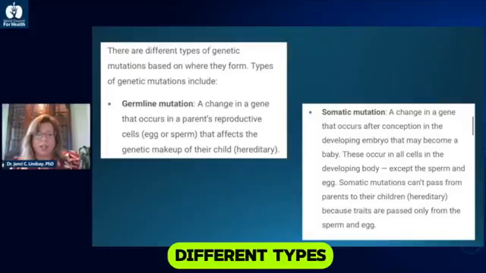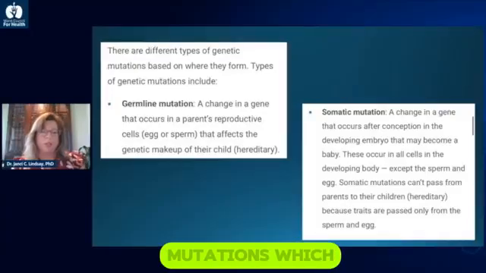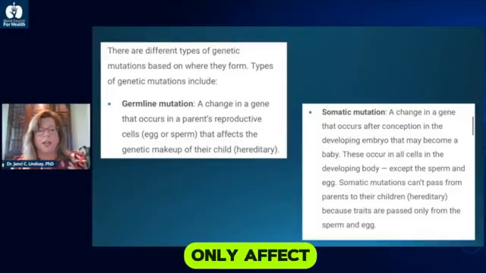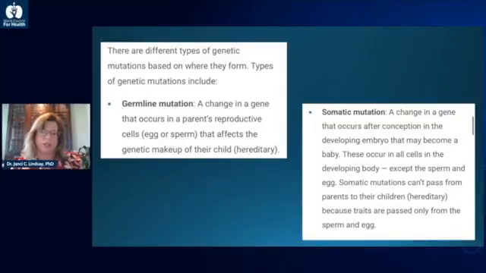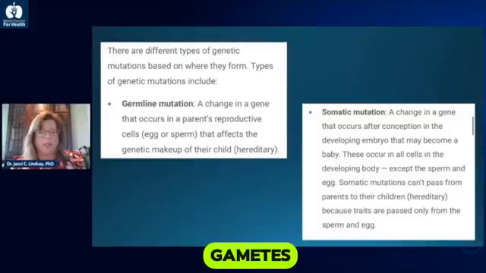So there are different types of genetic mutations. There's somatic mutations, which only affect the cells outside of the gametes. And then there's germline mutations, which affect the gametes.